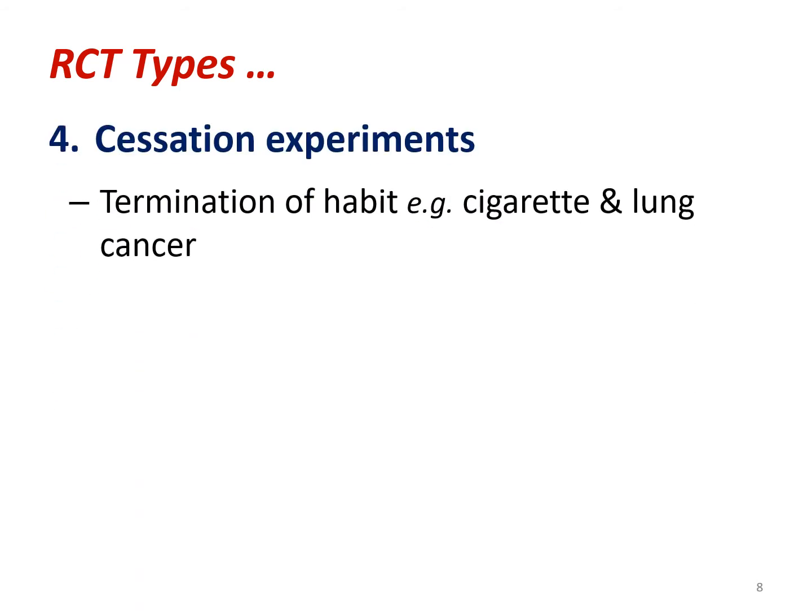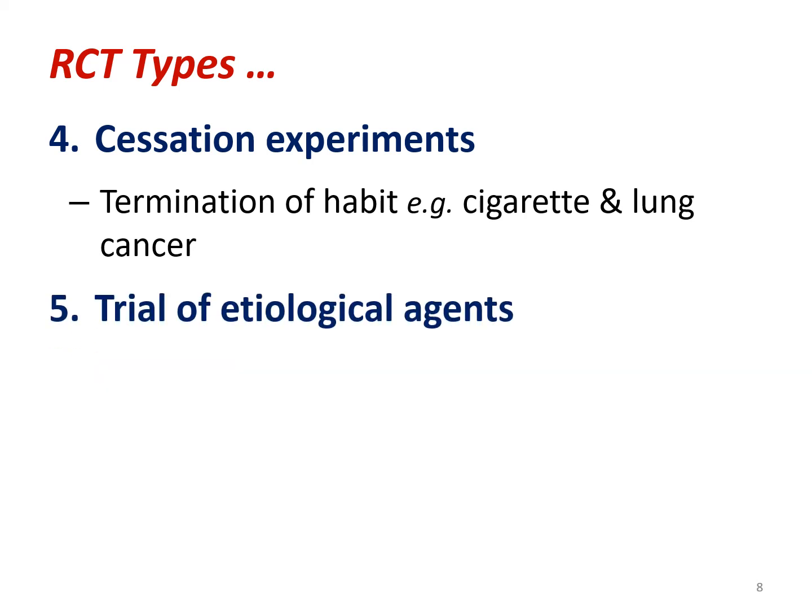Next one is cessation experiments, termination of a habit, discontinuation of a habit. For example, discontinuation of the habit of cigarette smoking in case of lung cancer. Next trial is regarding trial of etiological agents for a particular disease.